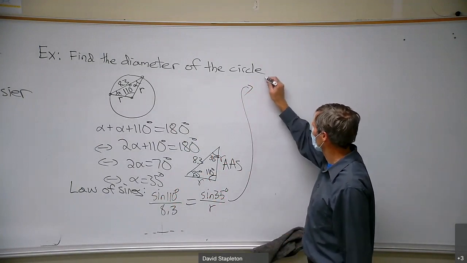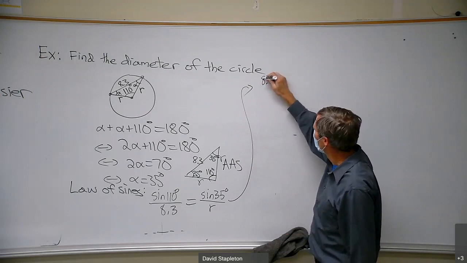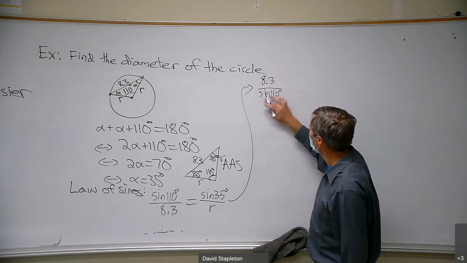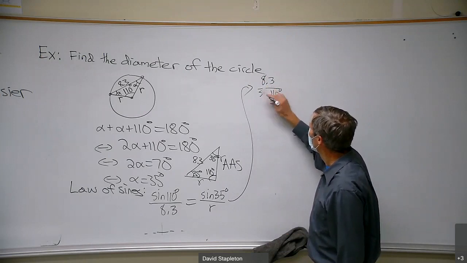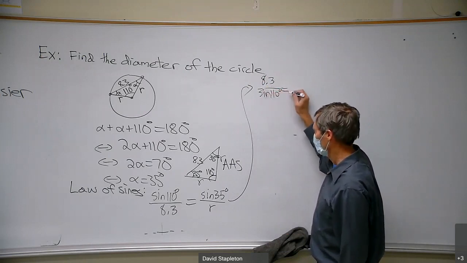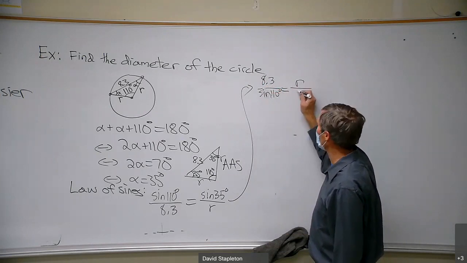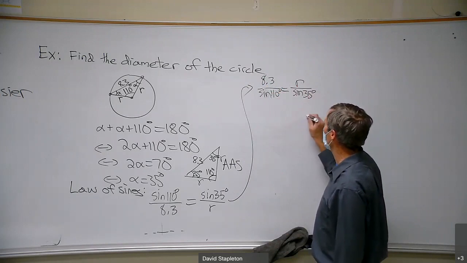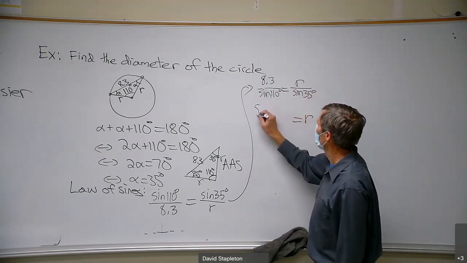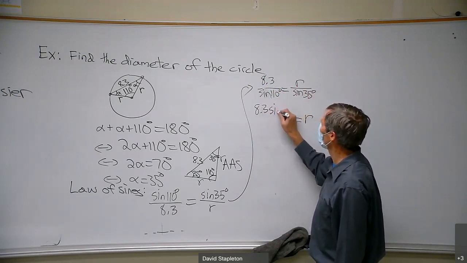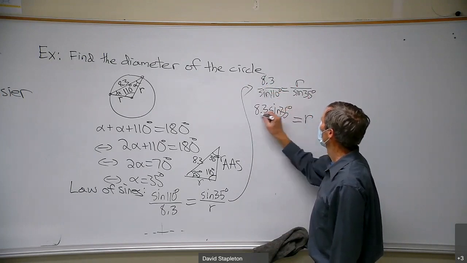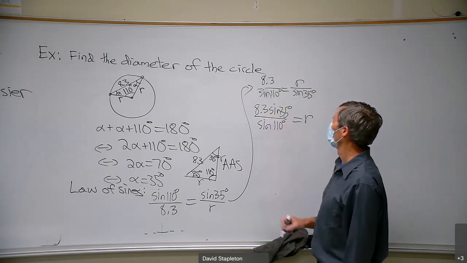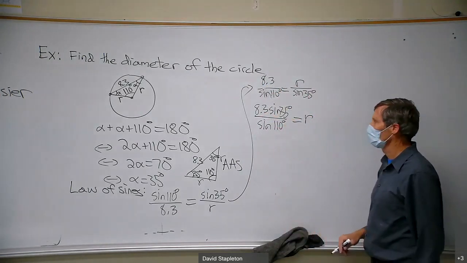Let's take reciprocals and say 8.3 over sine 110 is equal to r over sine 35. Multiply both sides by sine 35 and get r equals 8.3 sine 35 degrees all over sine 110 degrees. There it is. Now I've got the radius.